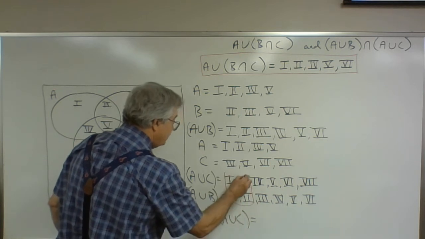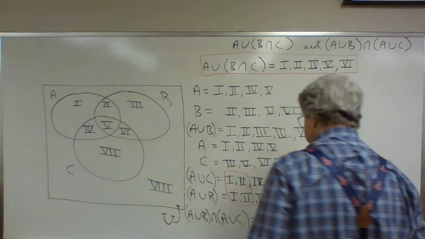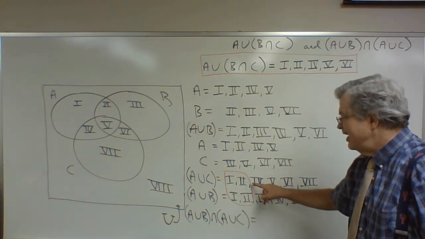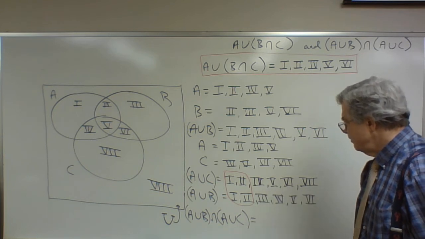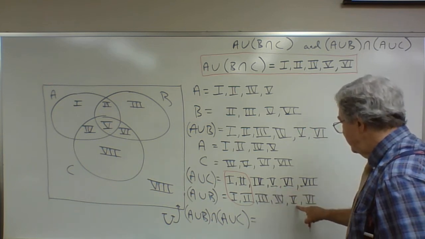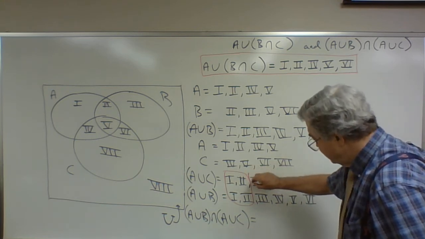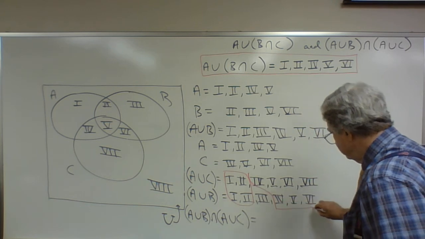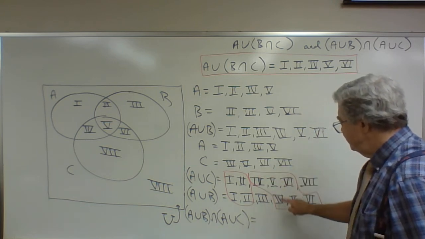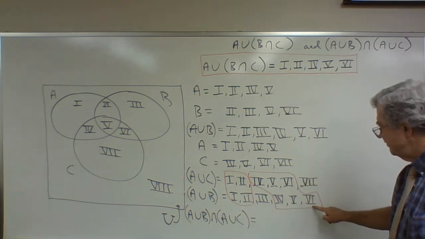Regions 1 and 2 are in both of those sets. Region 3 is in A union B, but it's not in A union C. Region 4 is in both, and region 5, region 6.